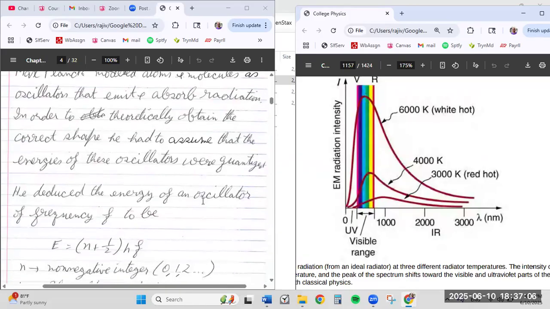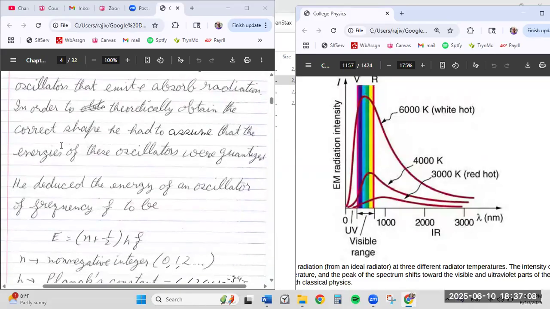Now, in order to theoretically obtain the correct shape of blackbody radiation curves, Planck had to assume that the energies of these oscillators were quantized, meaning these energies could not have any random value. They have to have certain discrete values.